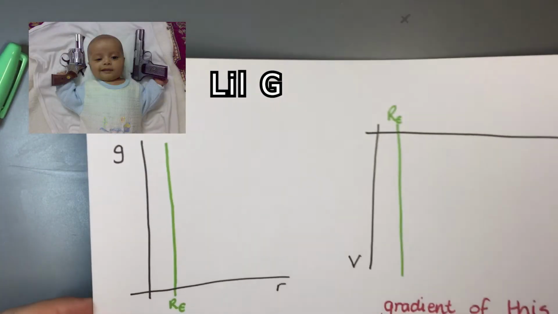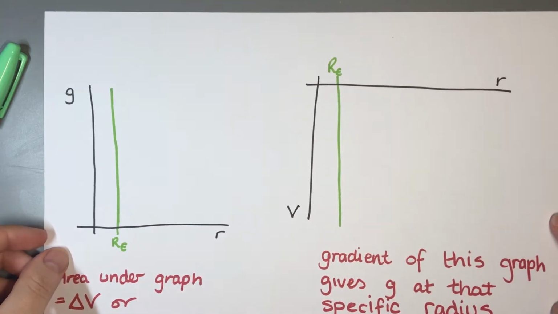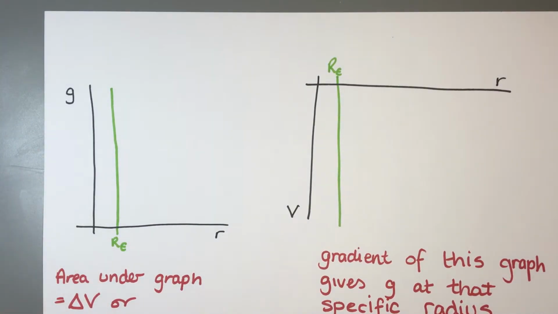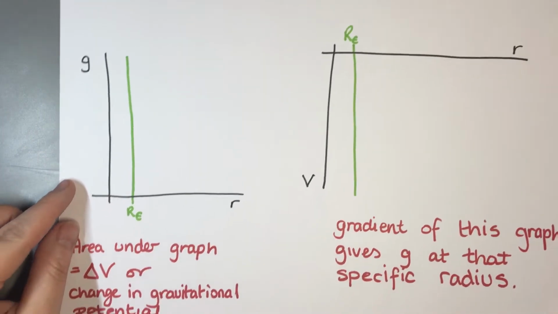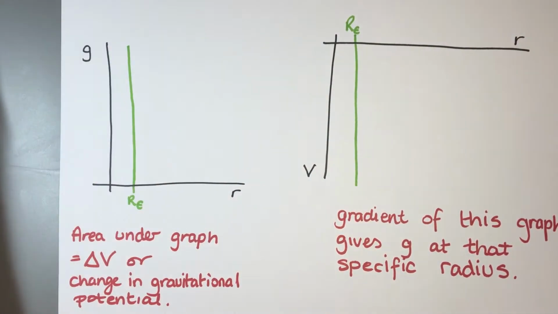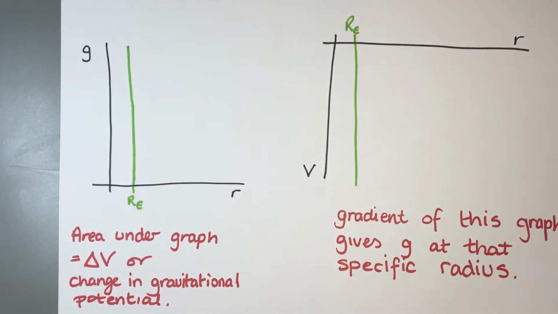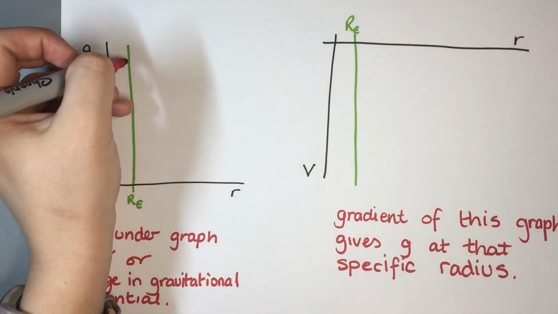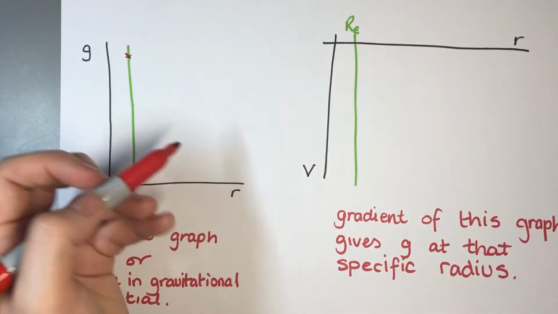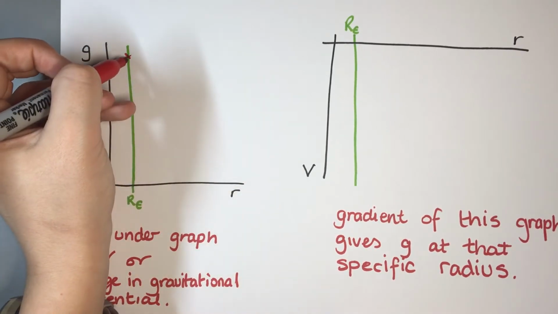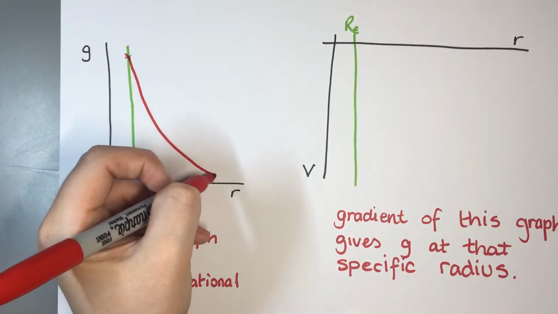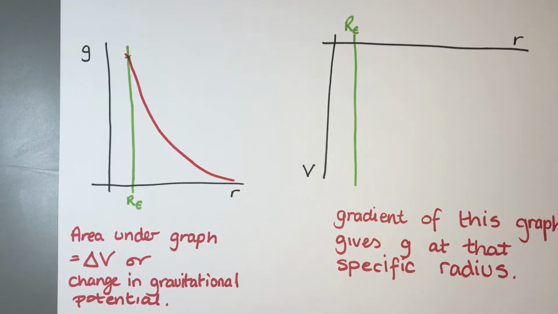Little g that we've been speaking about before is the gravitational field strength. We can use our gravitational potential to find our g. If we're looking at a graph like this, where this is the radius of the Earth, your gravitational field strength is going to be an absolute maximum here. Then as you move further away from the radius of the Earth, it's going to deplete. The area underneath that graph is our change in gravitational potential.